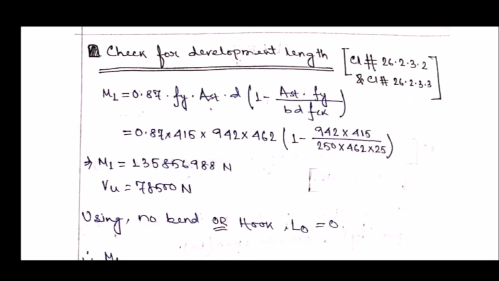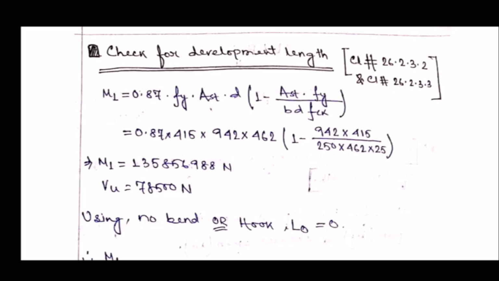To find out the value, first find out the value of M1, that is equals to 0.87 Fy Ast into d within bracket 1 minus Ast Fy by b d fck. You know the value comes from Annex G of IS 456-2000.